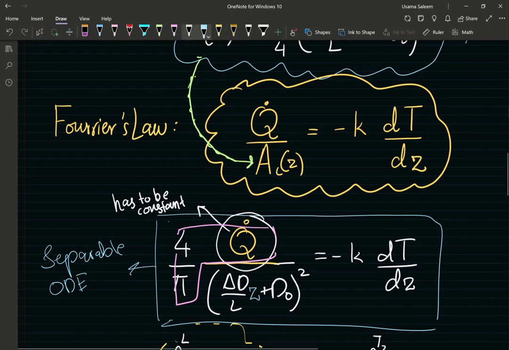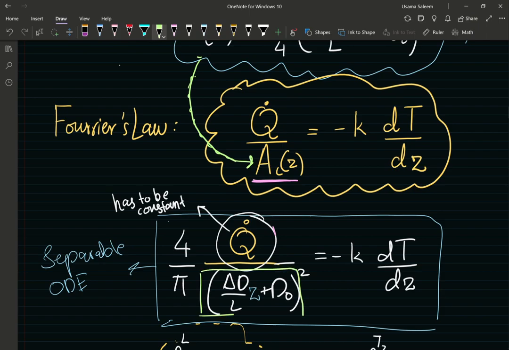I substituted the expression for area, and this right here, let me make this more clean. The bottom expression that I'm boxing right now, that's not the whole expression for area. 4 over pi is also hanging in there.